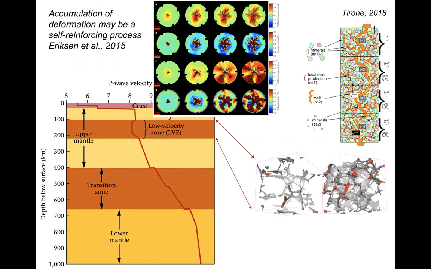We also have both laboratory experiments as well as computer experiments taking a look at how this process initiates, and then how quickly it can start to accumulate. So Erickson here was looking at 2 different phases, one that can move more rapidly than the other.